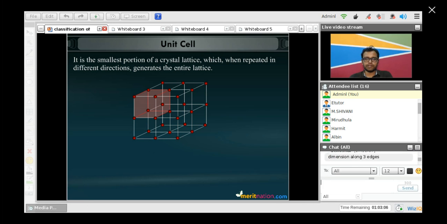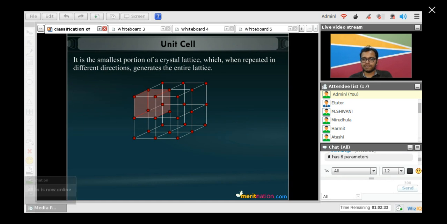It is the smallest portion which when repeated gives the whole crystal. You will have to extend the unit cell along the 3 edges to get the whole crystal.